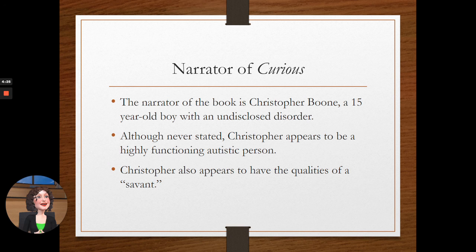And again, Christopher doesn't think in metaphors. He thinks in literal, logical language. So he has a certain kind of story that he likes to read, and he imagines himself in this book to be the author of his own detective story, solving the murder of who killed Wellington the dog.